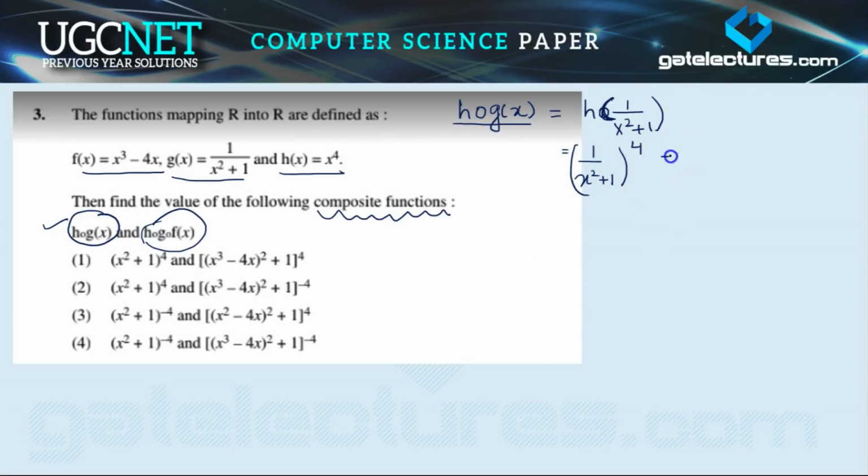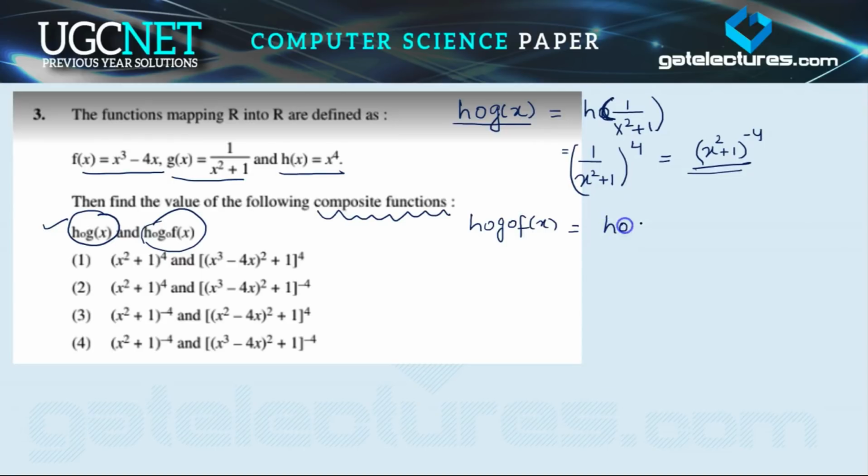How are you going to write it? If you take this term in the numerator, then the power will be minus 4. So you reverse it, then the power will be minus 4. So the first, h of g of x, is this one.